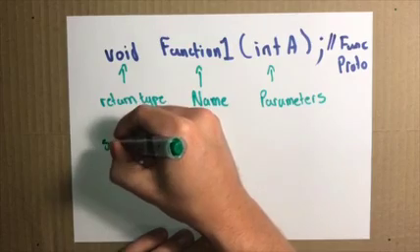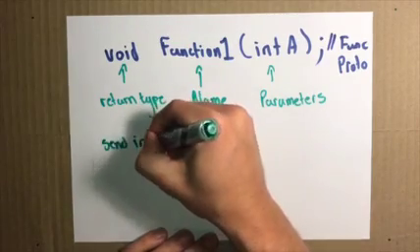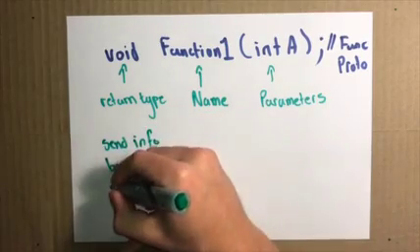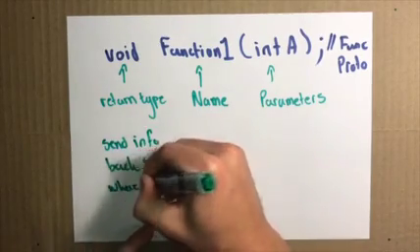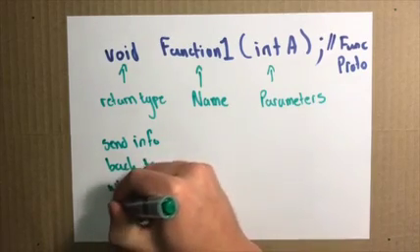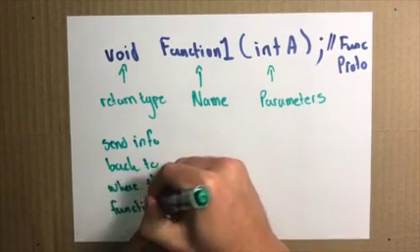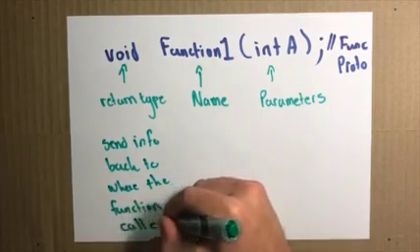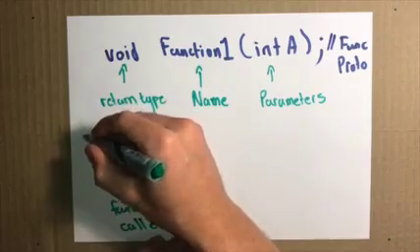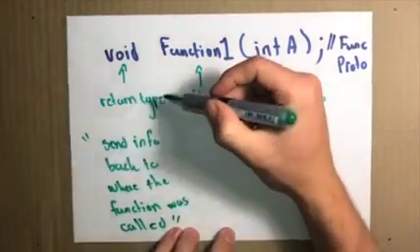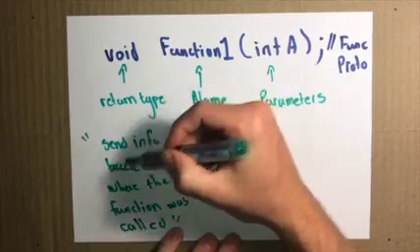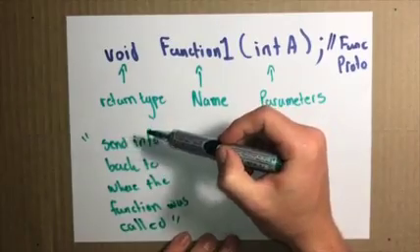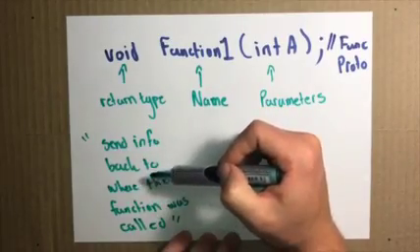So it sends info back to where the function was called. Okay, so our return type sends info back to where the function was called. Okay, so that's in most cases in our main program.